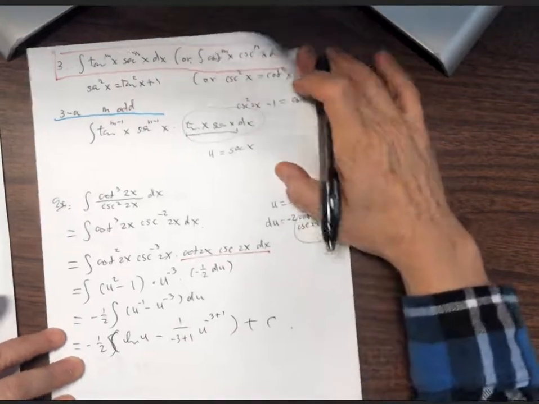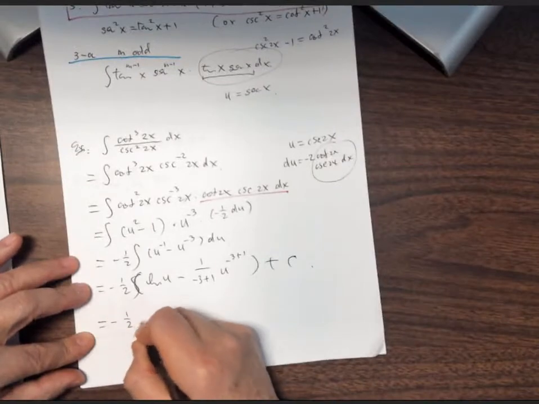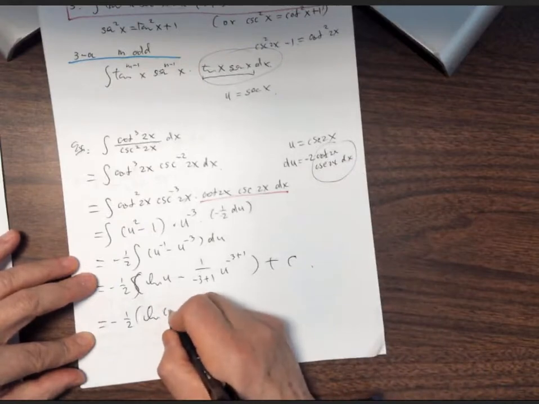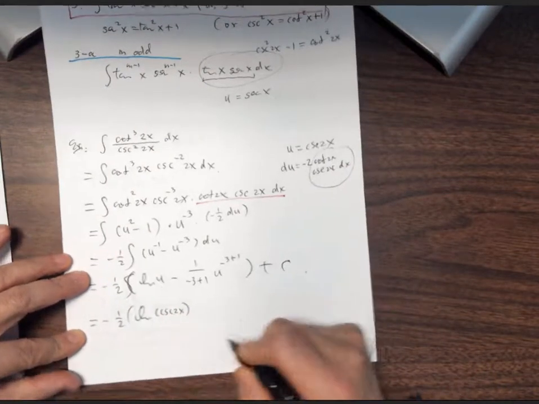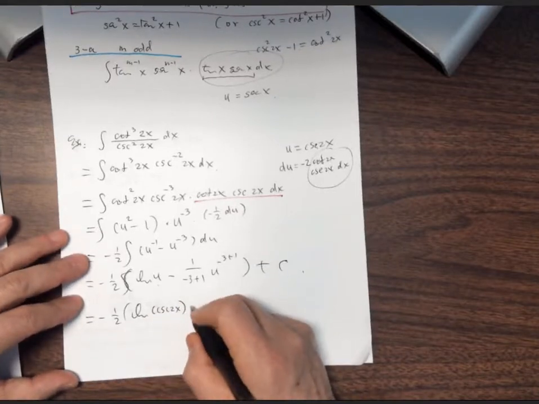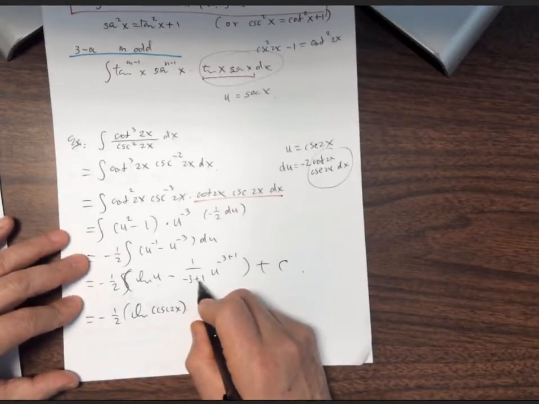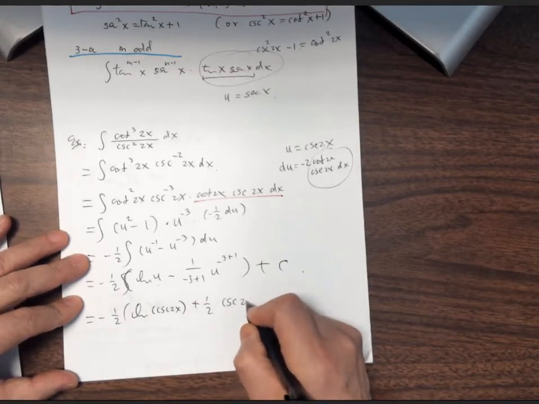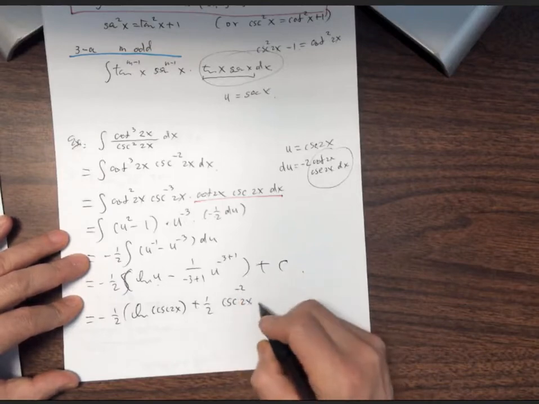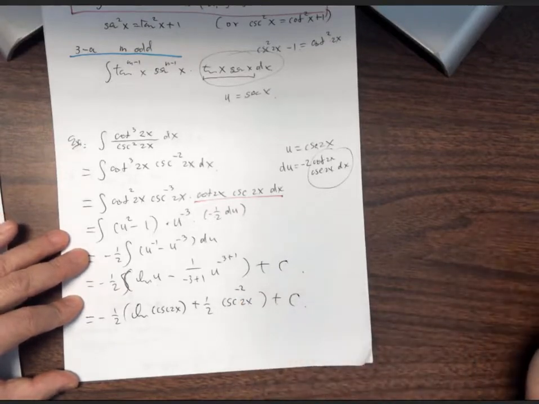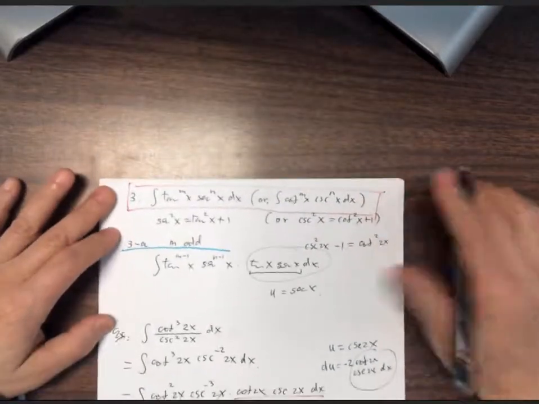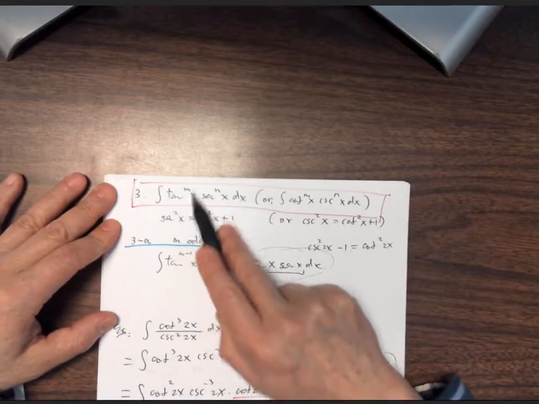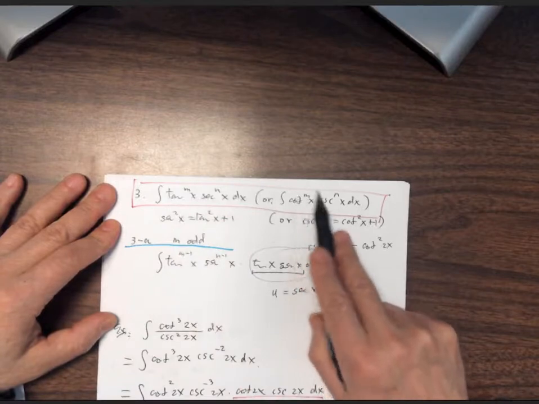Right, very simple integral. Now get the cosecant 2x back in the expression for u. Negative 3 plus 1 is negative 2, so it's positive 1/2 cosecant 2x to the negative second power plus c. Okay, so this is the first case of integrals in this group: the power of tangent or the power of cotangent is odd.